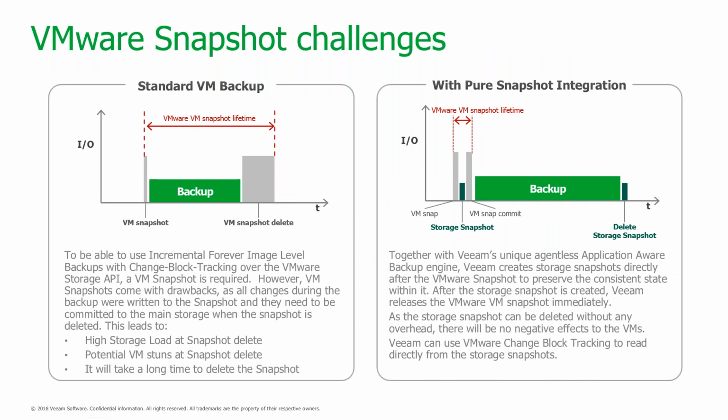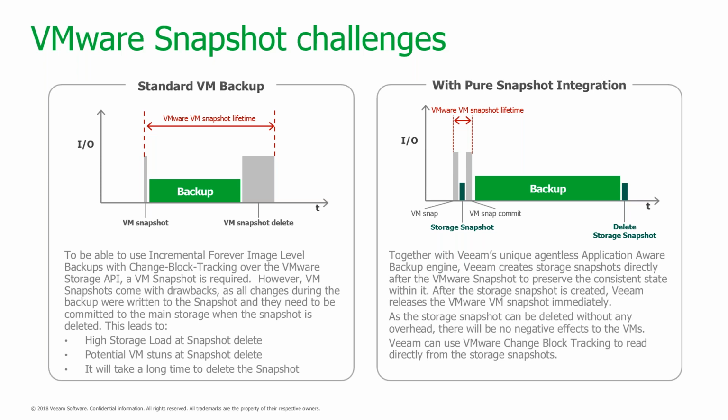So why do we have this integration? Like I mentioned before, it's all about availability. It's all about being able to reduce that impact on your environment, being able to help reduce your recovery point and recovery time objectives. So vSphere is a great platform for running virtual machines, but it's not without its challenges. As you can see here on the left, a standard virtual machine backup would leverage vSphere snapshots.